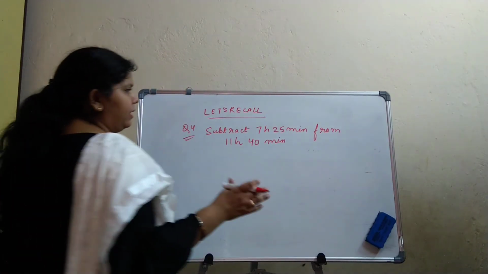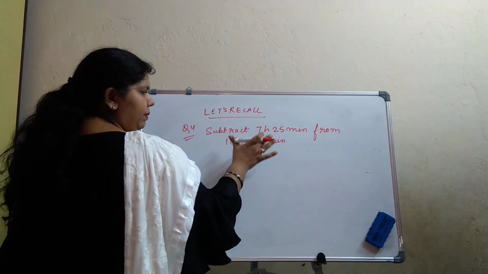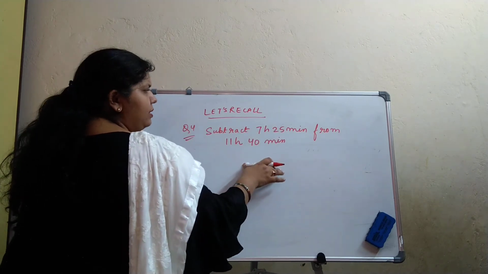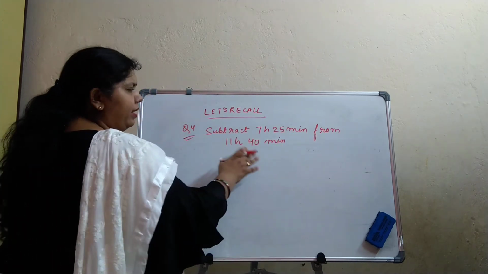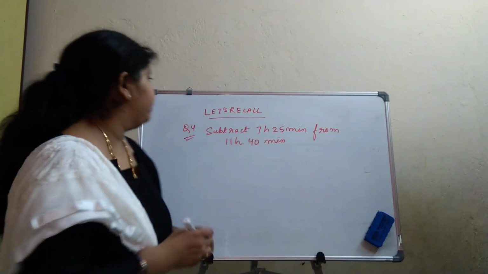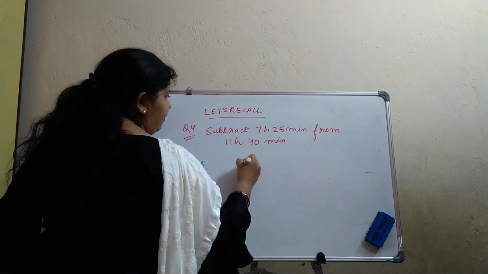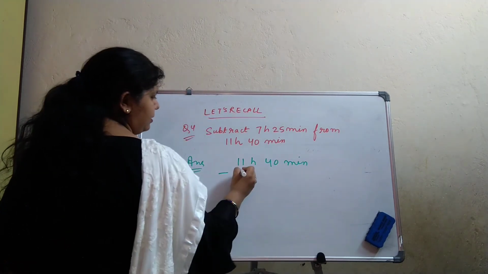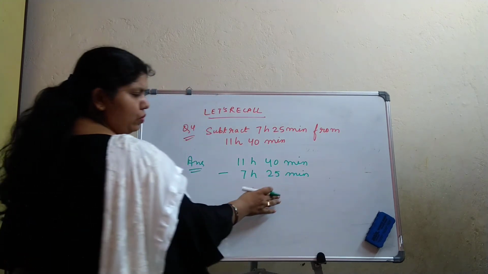I have always said that the "from" part comes first, it will be the minuend, and what you are subtracting, that is 7 hours 25 minutes, will be considered the subtrahend. Never forget this. So we will do the subtraction now: 11 hours 40 minutes minus 7 hours 25 minutes. This is how we are supposed to write.